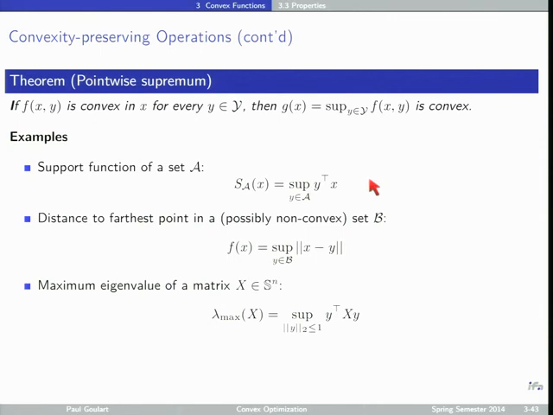And I can do it likewise for other functions which involve maximization over parameterized families of functions. So this is what we call a convexity preserving operation. I didn't screw up the convexity by doing this.